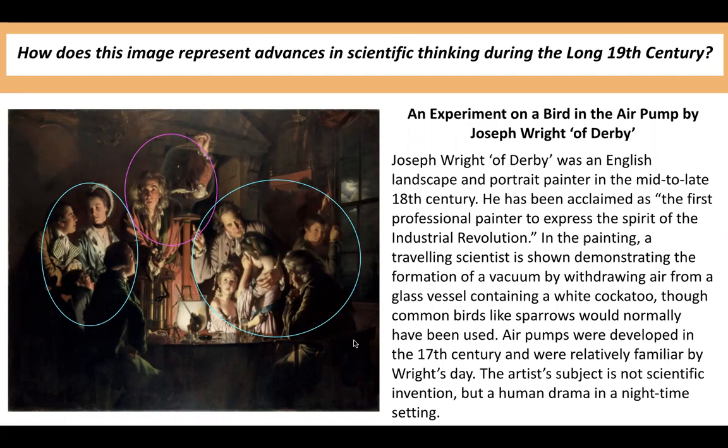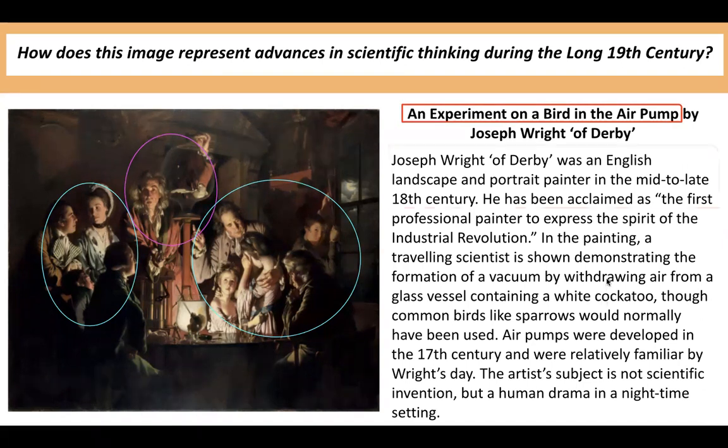Let's look at step 2, which is making our inferences. What connections can we already make? Well, what's helpful for us is that we do have this context here. So we know that the title itself is An Experiment on a Bird in the Air Pump by Joseph Wright of Derby.